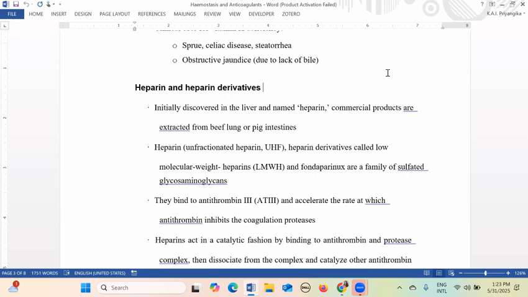So the vision can be affected, right? So we need to prevent that. So that is why we need to use anticoagulants. Otherwise, we don't want to stop a process which stops bleeding, right? We also want bleeding to stop. But the reason we use this type of drugs is what I discussed and explained. Is that clear?